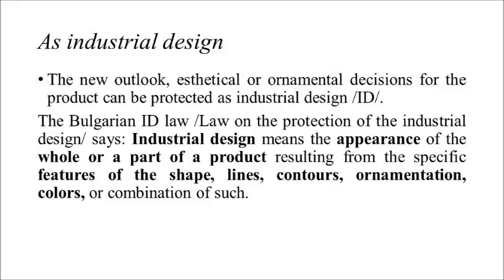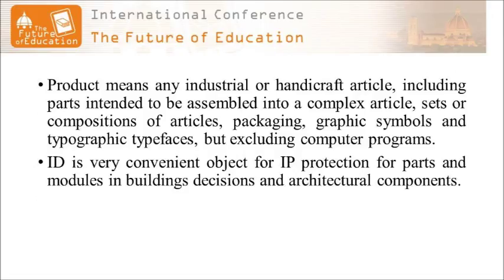The Bulgarian industrial design law says industrial design means the appearance of the whole or a part of a product resulting from the specific feature of the shape, lines, contours, ornamentation, colors, or a combination of such. Product means any industrial or handicraft article, including parts intended to be assembled into a complex article, set as article, or composition of articles, and so on.